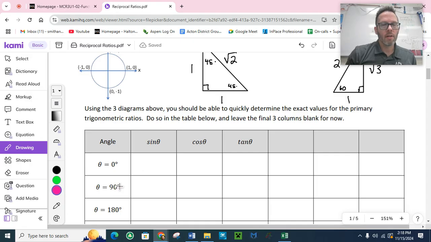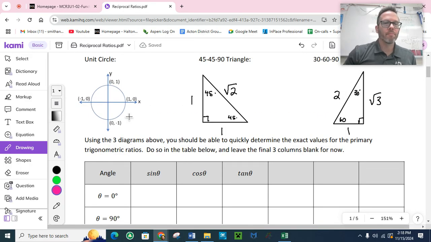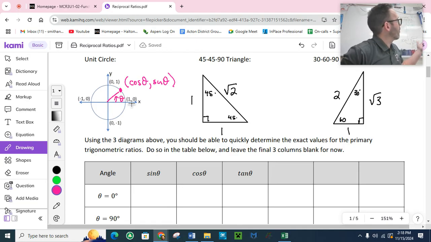For example, let's do 90 degrees. As you have been learning with Miss Goby, points on the unit circle, and there's space for this, so jot this down: points on the unit circle correspond to a specific angle in standard position. For an angle theta in standard position, every angle theta has a corresponding point on the unit circle, and that point corresponds to the cosine and the sine.